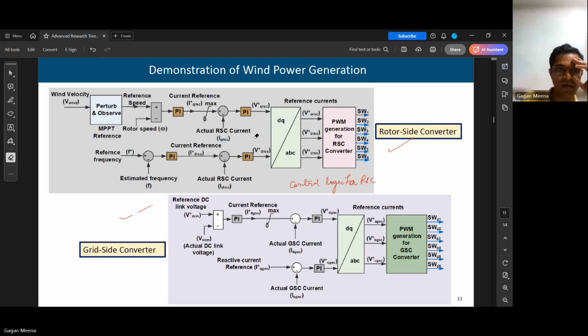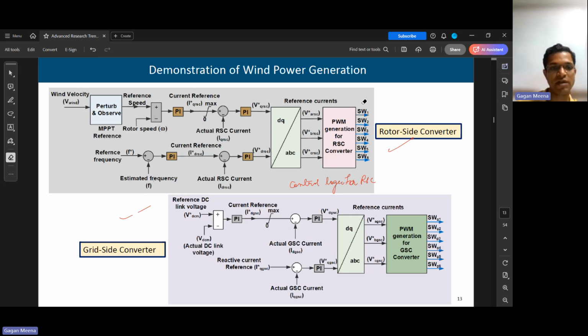For the D axis, the reference frequency is compared with the estimated frequency, which provides us the current reference for the D axis. Then we compare with the actual D axis current, and we get the Q axis and D axis voltage reference. These can be converted into the ABC domain and given to the PWM generation for the rotor side converter.